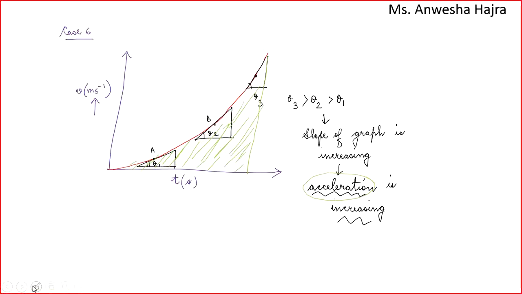Now say we have a graph like this. Case 7. This is velocity time. We have a graph like this.